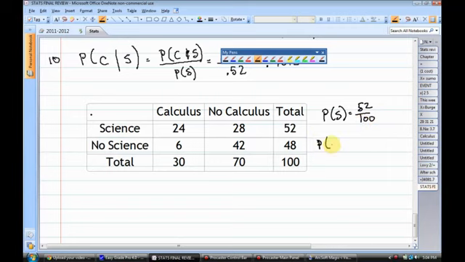What's the probability that a kid took calculus given that he took science? Well, out of this row, how many kids took calculus? 24 out of the 52 kids that are already in the row.